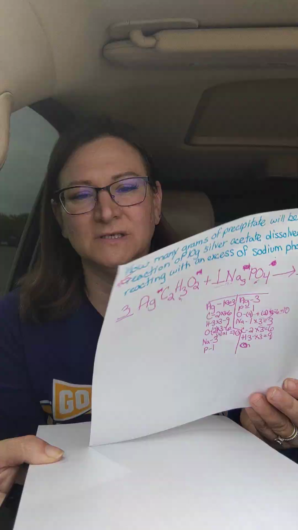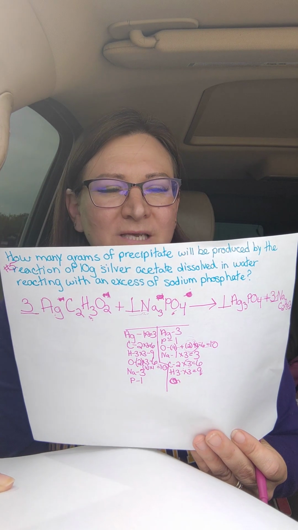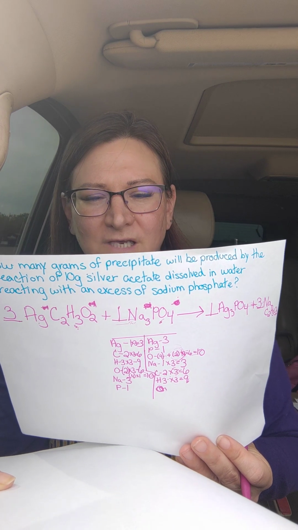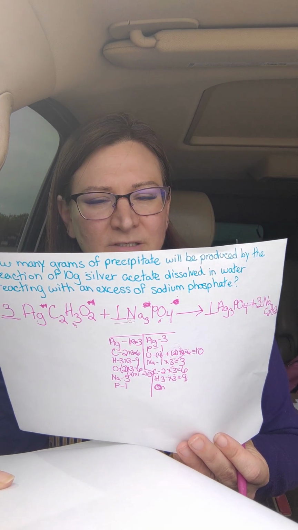Okay, back for part 2 of problem 5. Remember, we're going to start with what we know. We know in the equation, it says how many grams of precipitate will be produced by the reaction of 10 grams silver acetate dissolved in water.